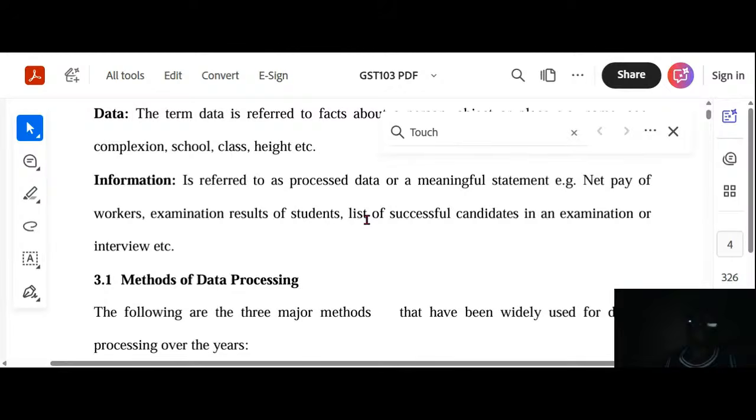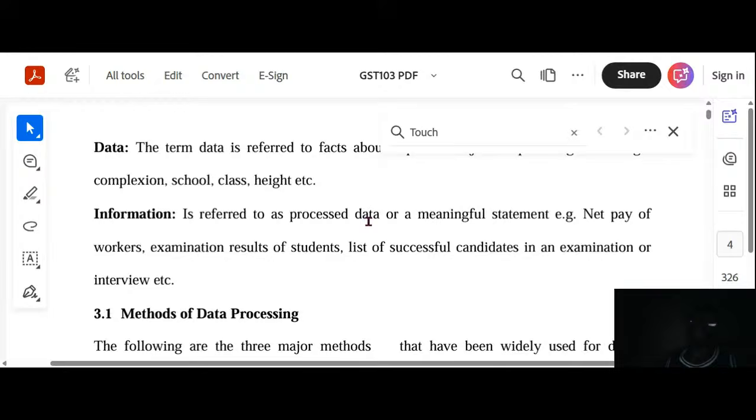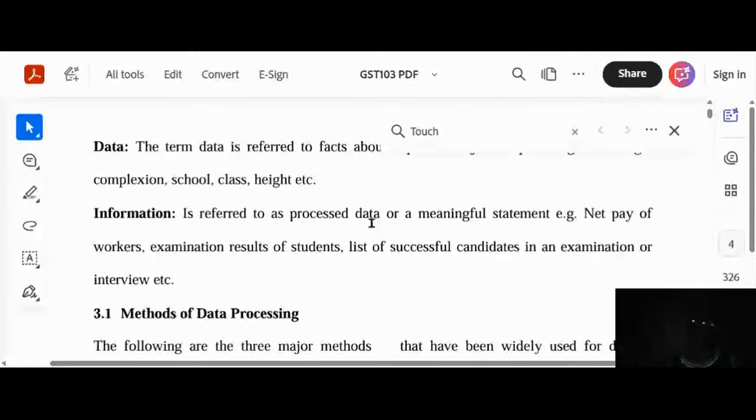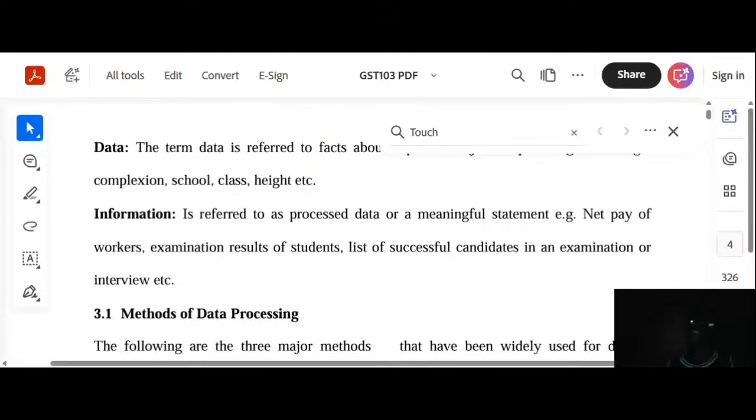For instance, if you get your complexion as fair in complexion, we get that complexion is fair. So if I want to give out the information, I will say that Dora is fair in complexion. That is information.